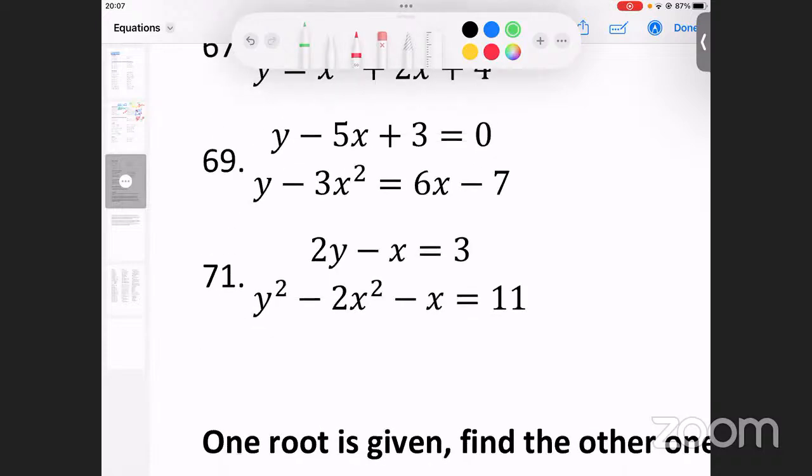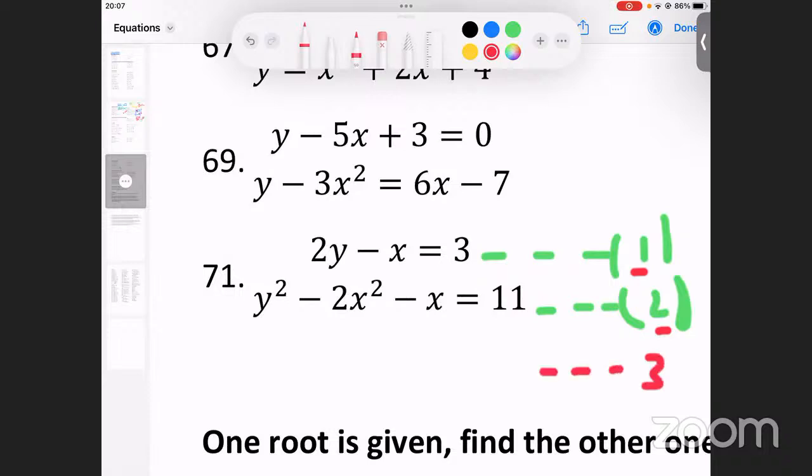You see 71, you have this as your equation number 1, you have this as equation number 2. So what I'm saying is, look at equation number 1 and equation number 2 and ask yourself a question. Which equation is less complicated? The one that is less complicated is the one that you use to derive equation number 3.